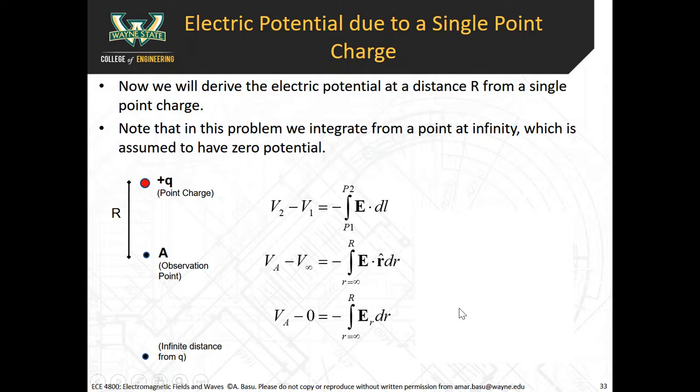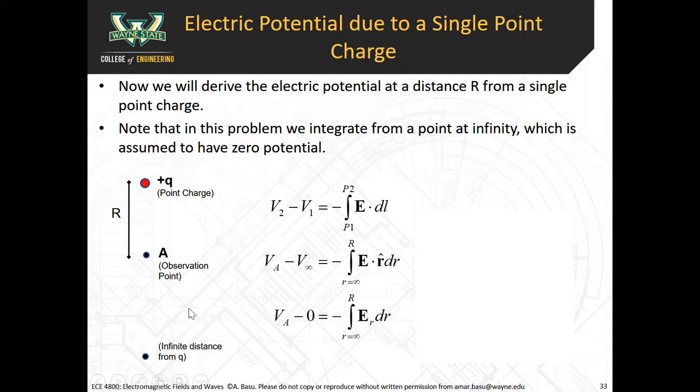As we were just talking about, you can set this up in spherical coordinates, but you really could do it in any coordinate system you want. But it's convenient to do it in spherical coordinates because Coulomb's law is defined in spherical coordinates. So in E dot dl, the dl is equal to r hat times dr.